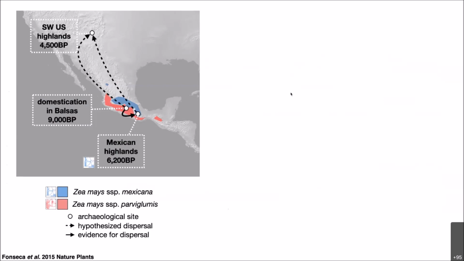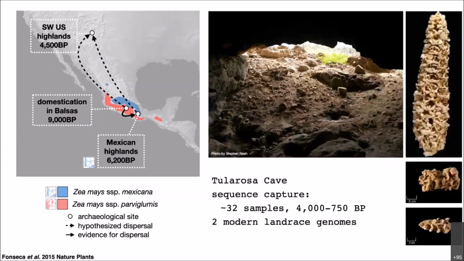To look at this, Jutta used samples collected from Tularosa Cave using sequence capture. So we sampled a number of archaeological samples, 32 samples dating from 750 years ago to more than 4,000 years ago, and compared DNA from these to 2 modern landrace genomes.